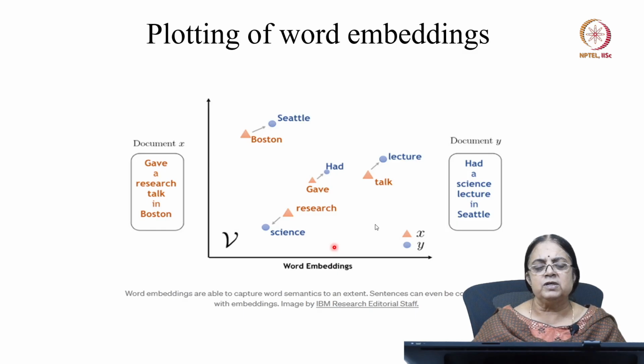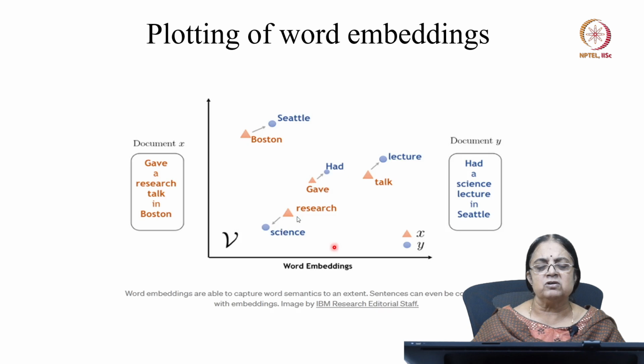For example, you can see here word embeddings which have been used for different words. 2 documents have been used, document X and document Y: "Gave a research talk in Boston" is one of them, "Had a science lecture in Seattle" is the other. When these 2 are taken, you find the word embeddings, and then do the dimensionality reduction to two dimensions, and when you plot these, you find that gave and had are somewhat close to each other.